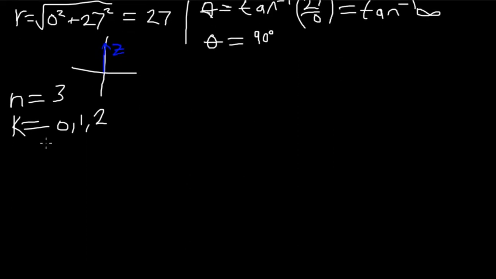So let me find my first complex number, my first root, which is going to be z0. So my z0 will just be the magnitude that I've found, 27, to the power of the cube root. The cube root of 27 will give me 3.